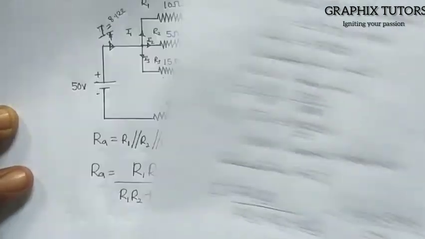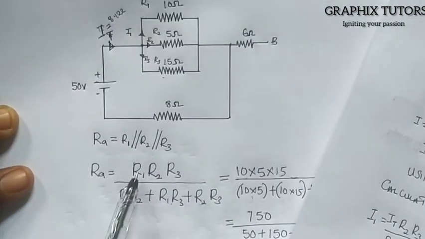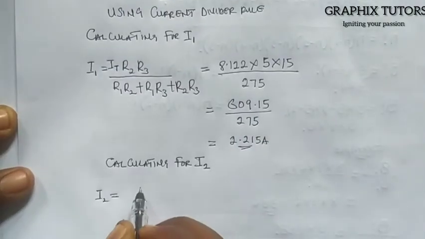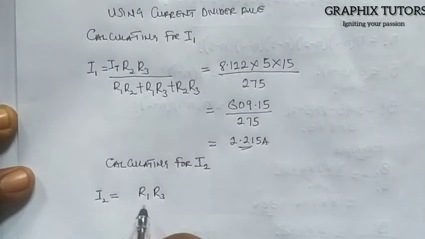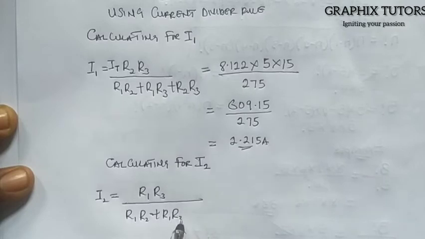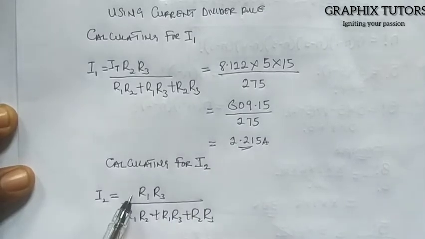So if you remove R2 from R1, R2, R3, it remains R1 and R3. So I'm going to place my R1, R3, everything remains the same: R1 R2 plus R1 R3 plus R2 R3. So because I've removed R2 from here, I'll now place my I total.